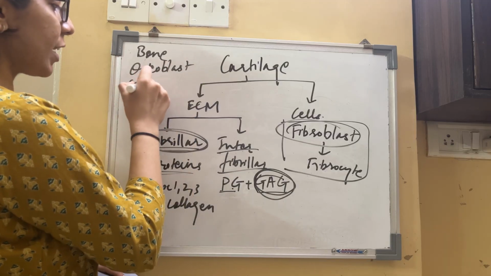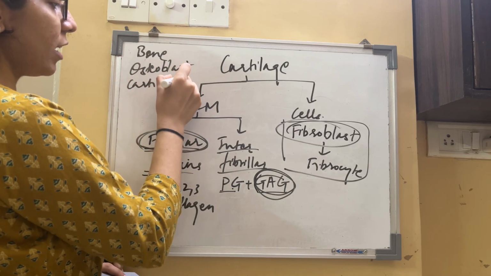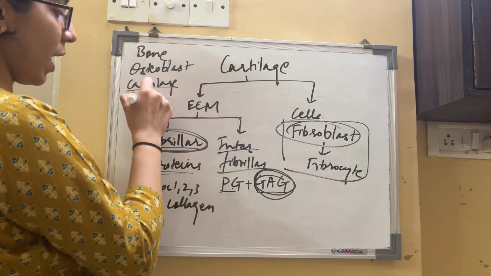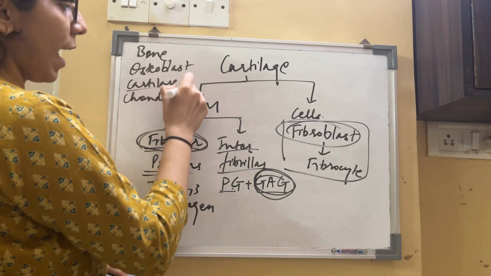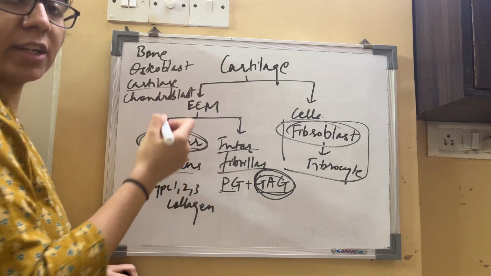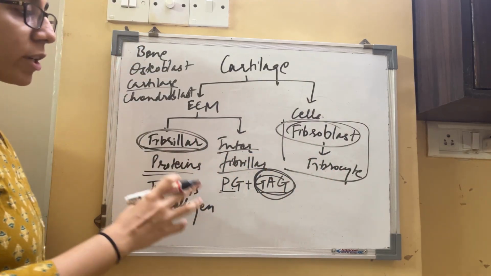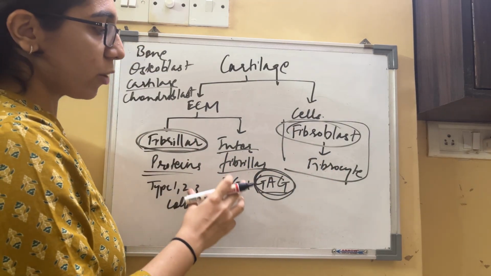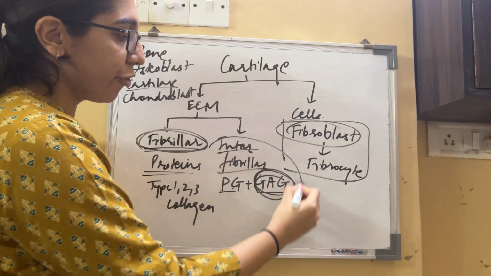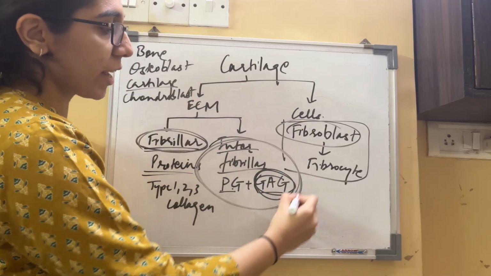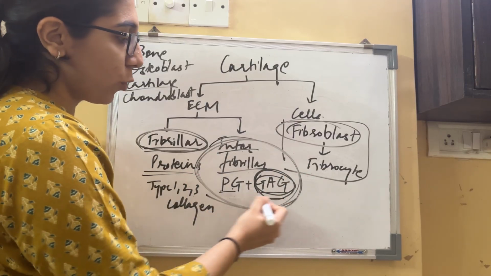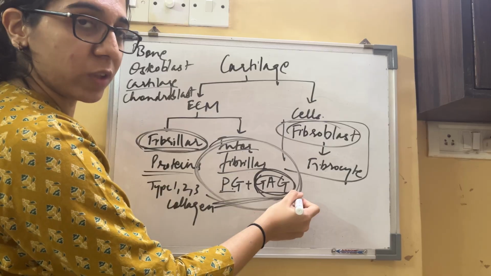If it is a cartilage, then the cell will be known as chondroblast. And if it is a tendon, then it is known as tendoblast, and so on. The important thing that you need to understand over here is the interfibrillar part of the extracellular matrix: proteoglycan and glycosaminoglycan.